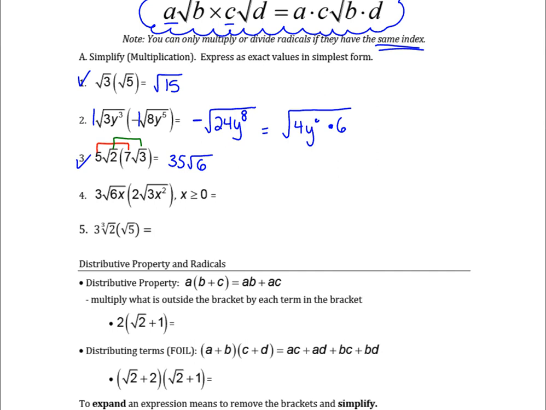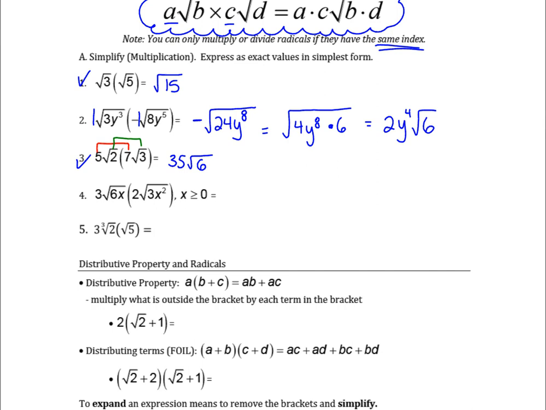So we can pull that out. Square root of 4 is 2. Square root of y to the 8th is y to the 4. Cut it in half because our index is 2. And then we have root 6 left over.